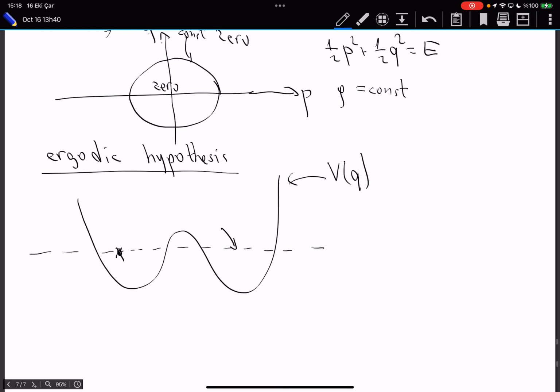Its energy is not enough. So if you study such a system, and if you say that, okay, in phase space, my available volume is here and here, and the density is uniform, well, it won't be able to describe your system. Because depending on whether your system is initially created on the left or on the right, your system will always remain there. So this is a system which violates the ergodic principle.